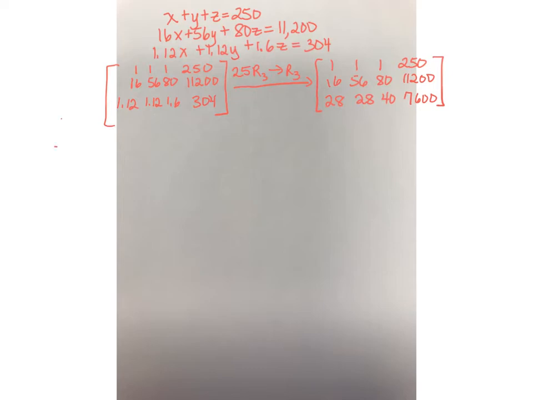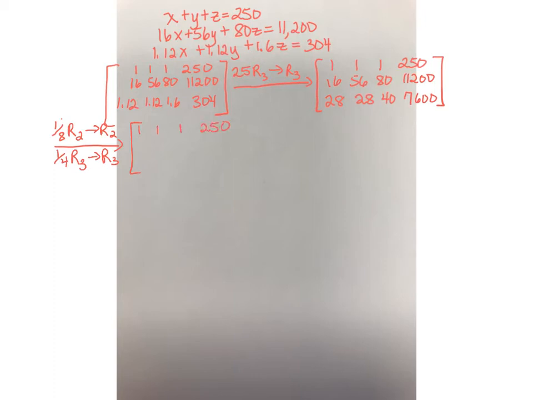We're going to do 1/8 times row 2 to get a new row 2, and 1/4 times row 3 to get a new row 3. Row 1 is unchanged, so we write 1, 1, 1, 250.